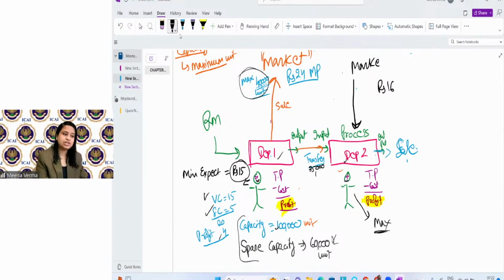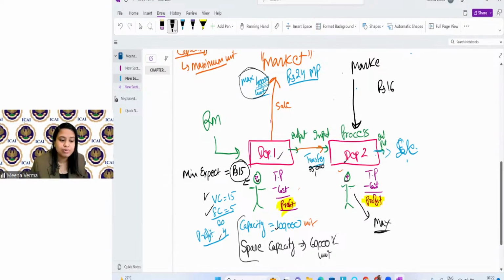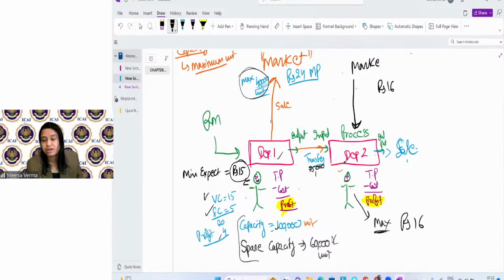Now the question comes here, the maximum price this manager is willing to pay. How much? Rupees 16. Because if he ignores, he can buy the same product from the market at rupees 16, maximum. Minimum, he will quote 15. Maximum, he will not pay more than 16.